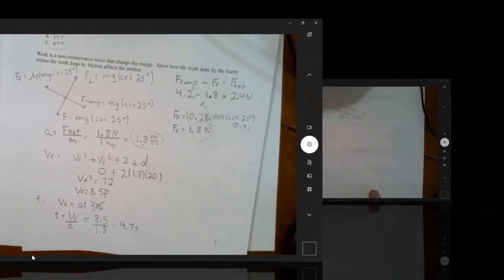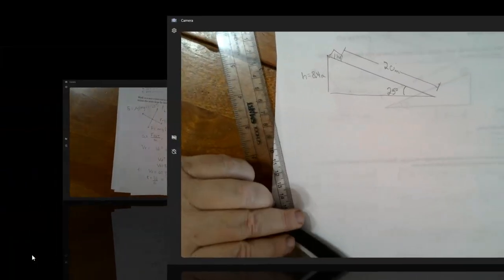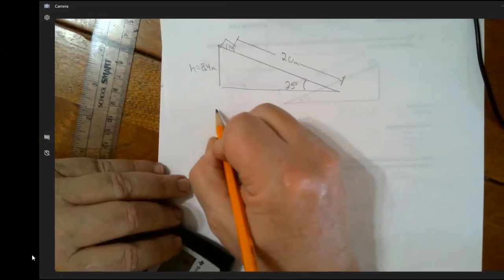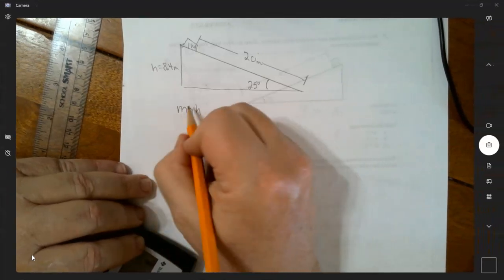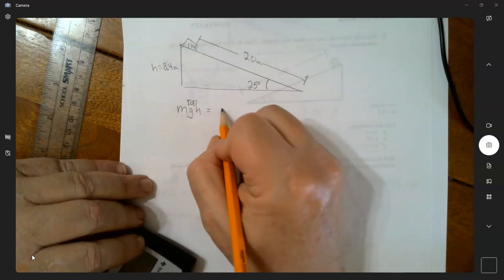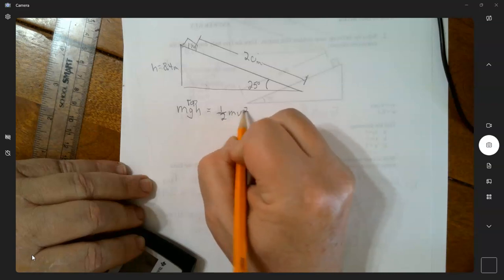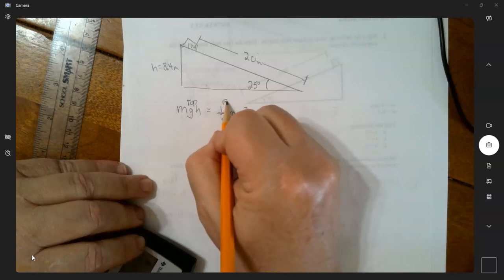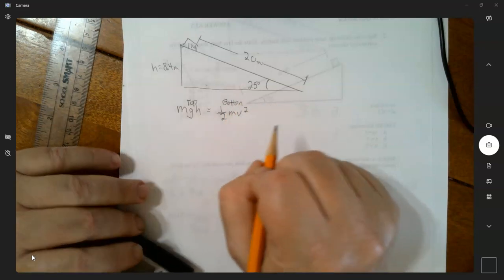Okay, so now we're going to analyze with energy and work. Here's the thing. When we had no friction, we could use the formula that the potential energy at the top equaled the kinetic energy at the bottom. But with friction, friction is a non-conservative force.